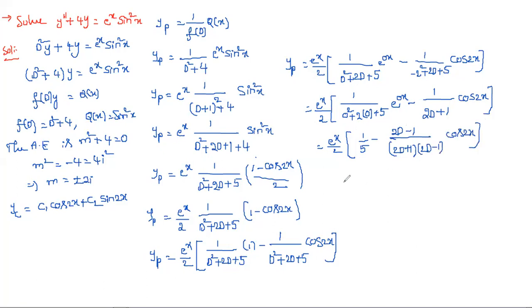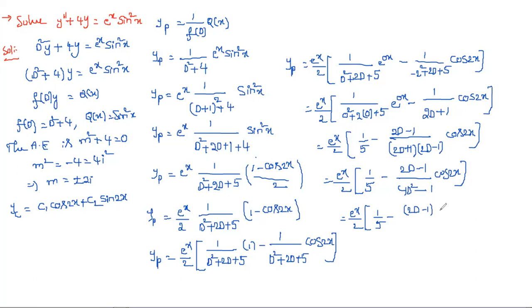So e^x by 2 into 1 by 5 minus (2D minus 1) by, using (a minus b)(a plus b) equals a squared minus b squared, (2D) whole squared minus 1, which is 4D squared minus 1, into cos 2x. So this is equal to e^x by 2 into 1 by 5 minus (2D minus 1) into cos 2x by 4 into D squared minus 1.